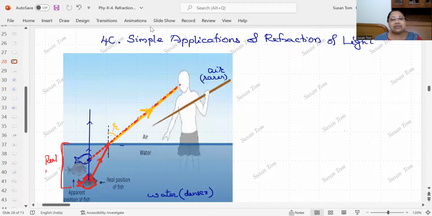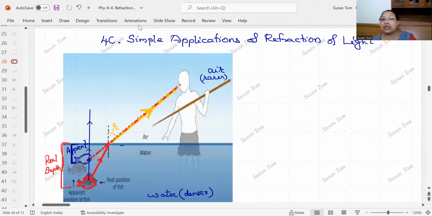Yes or no? Yes, ma'am. And the fish is shifted a little above. So the apparent depth means what he is feeling like. It is only at this much depth that he feels it. So this is called apparent depth. Apparent means what we can feel.